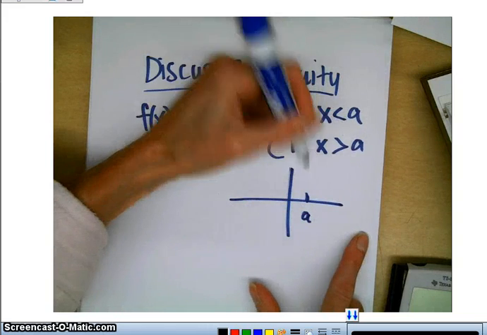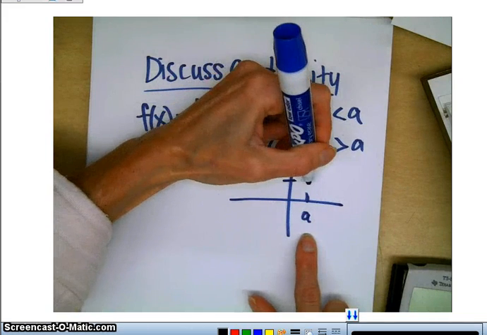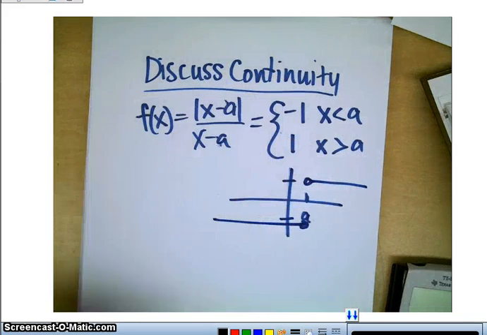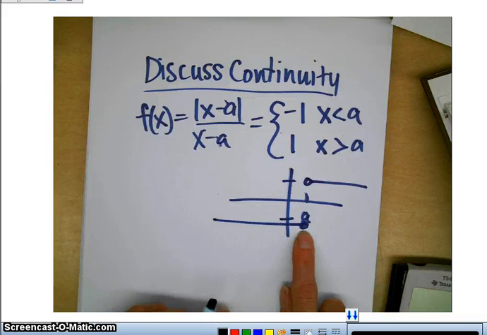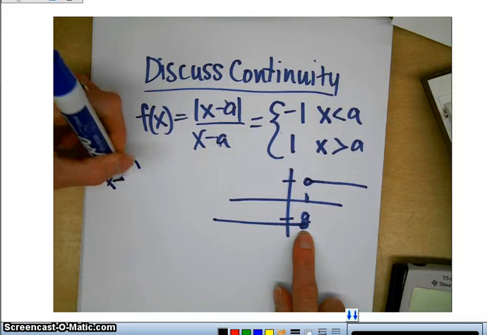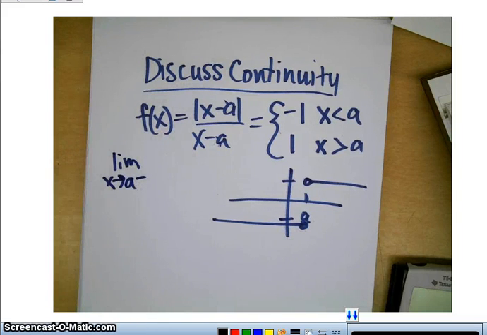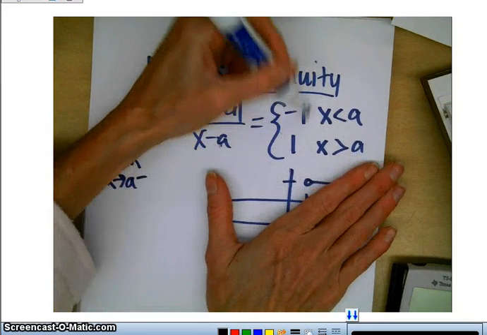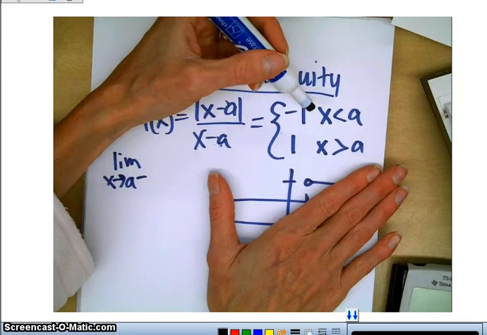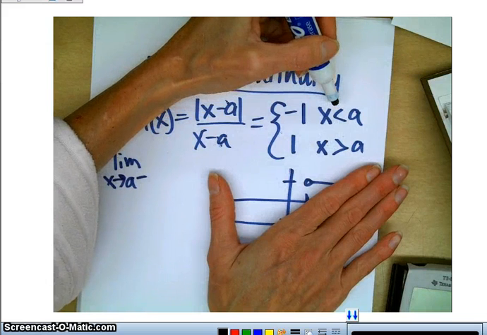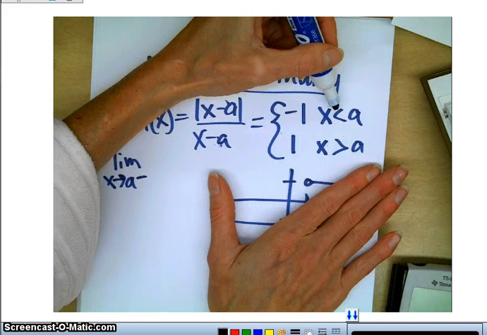Everything above a is a +1, and everything below a graphs as a -1. So this wouldn't have a limit at a, but if you were looking for a one-sided limit, say the limit as x goes to a from the negative, how would you tell which one of these to look at? Less than a is from below it.